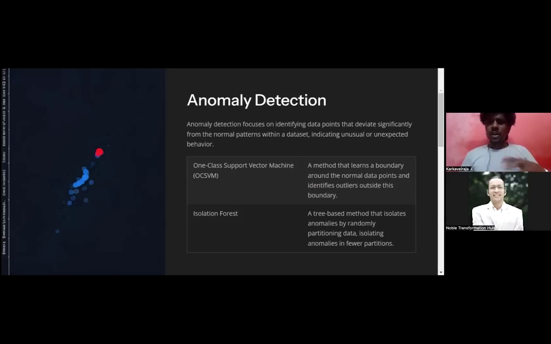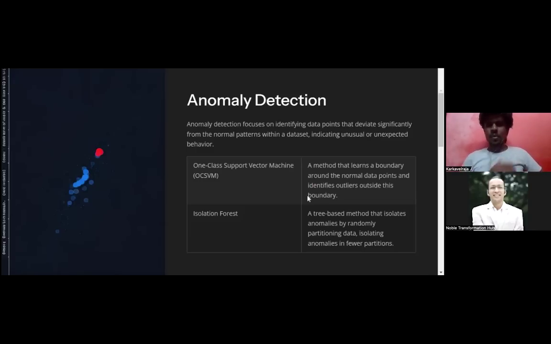Consider a transaction line: every day you have a transaction of 100 rupees credited. Someday there is suddenly a 1000 rupees credit, so that is an outlier. That is what is called anomaly detection.